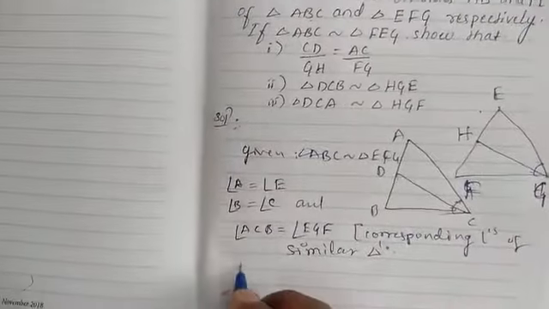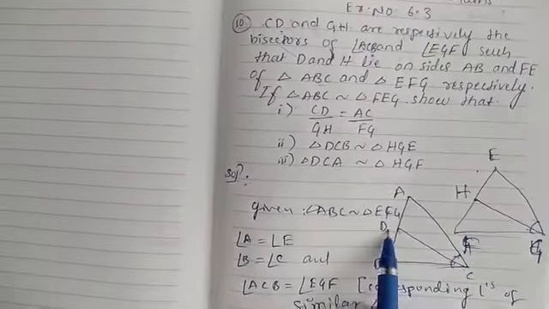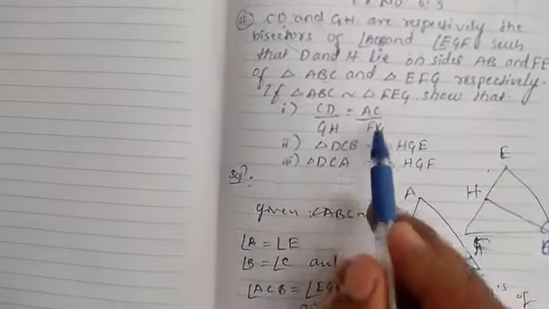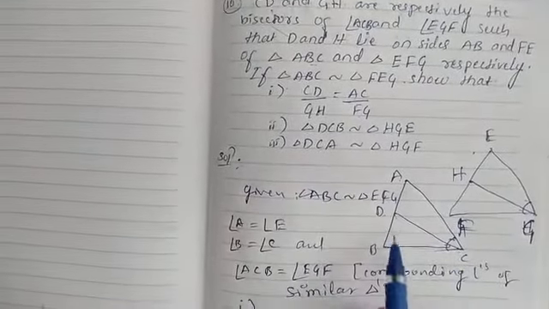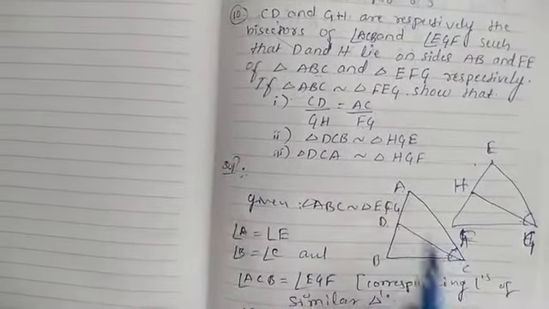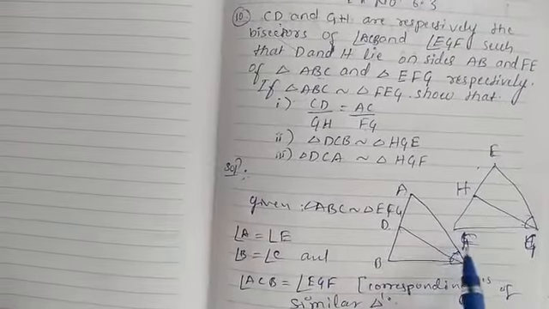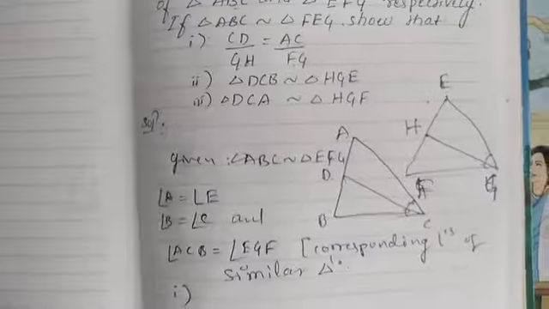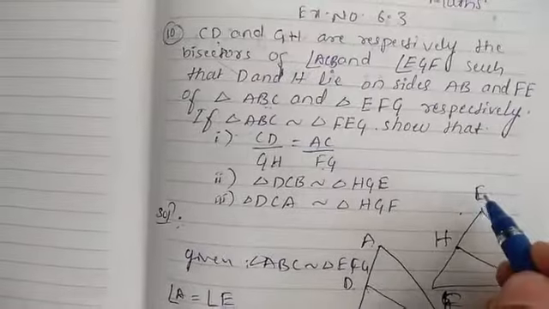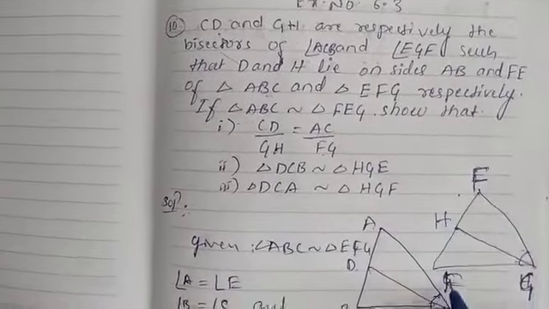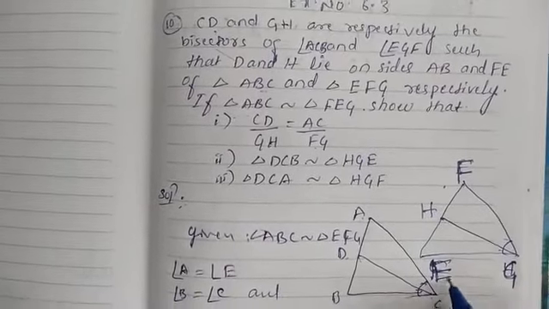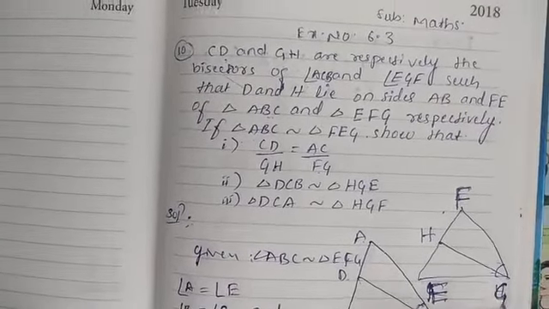See what they asked to prove here. First, CD divided by GH is equal to AC divided by FG. Here I will change the names. I will take F here. See children, this is E, this is G as it is.